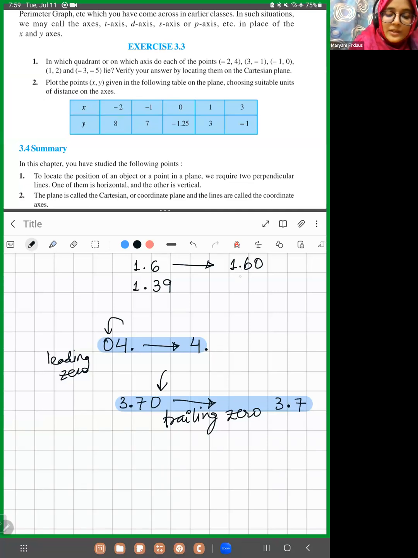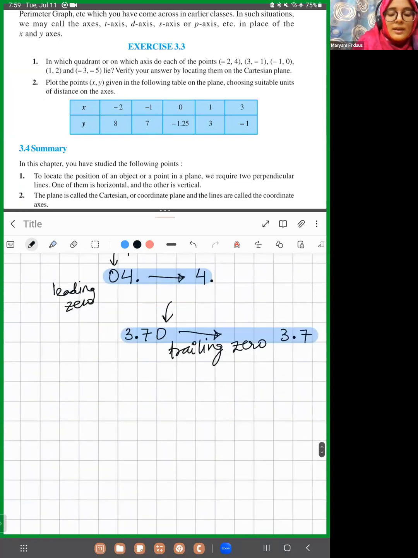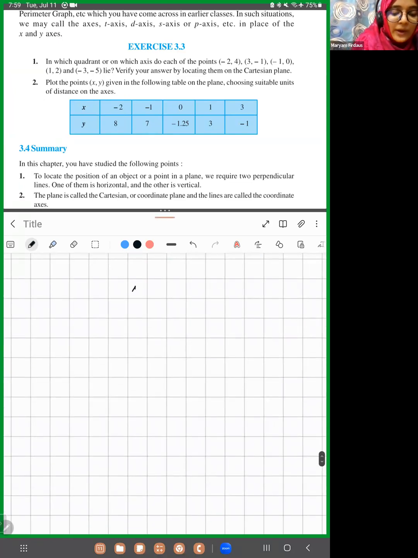So now you tell me, 1.60 and 1.39, which of them is bigger? 1.6, right? So similarly, if you have 1.25 and 1.5, or forget about 1, let's say you have 0.25 and 0.5. What is 0.25? It is a quarter.